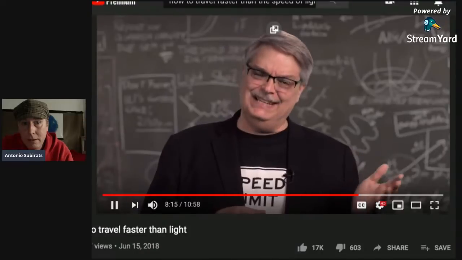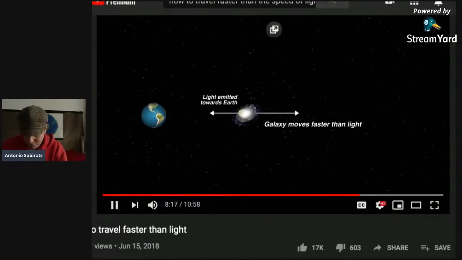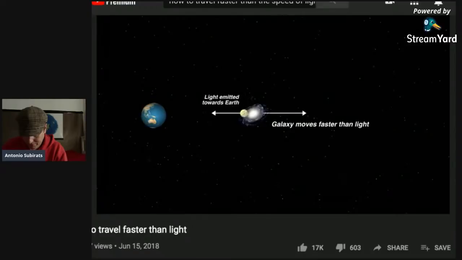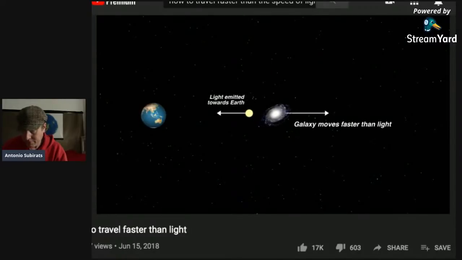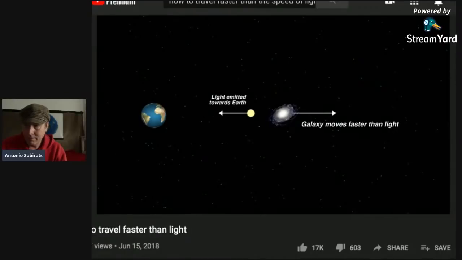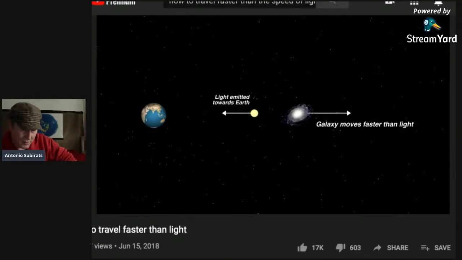Yeah, it does. Yes, it does mean that galaxies are moving away from us faster than the speed of light. Of course, it also means that we can never see them. If objects move away from us faster than light, then that means that light emitted by them can never get to our eyes. So we can never see light emitted by anything currently further away than 14 billion light years.